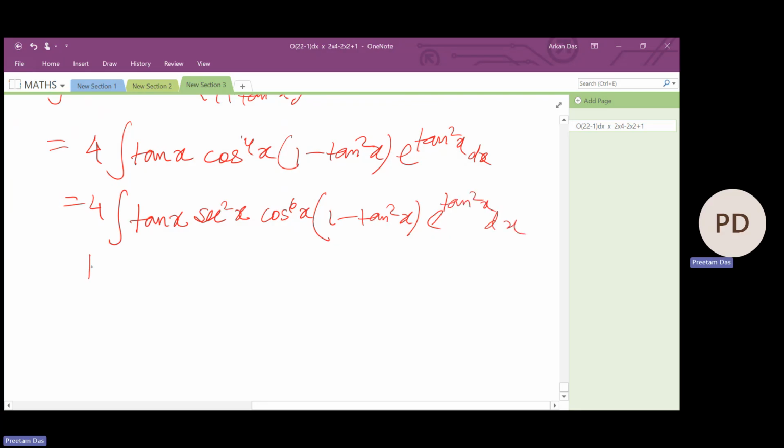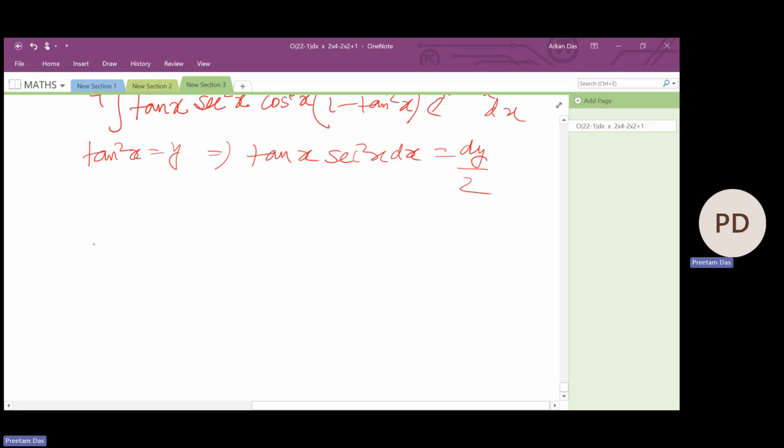Fine. Tan square x will be y. So tan x sec square x dx will be dy by 2. So integration becomes (1 minus y) over (1 plus y) whole cube. Now I think you have got the intuition. How will this integration be solved?